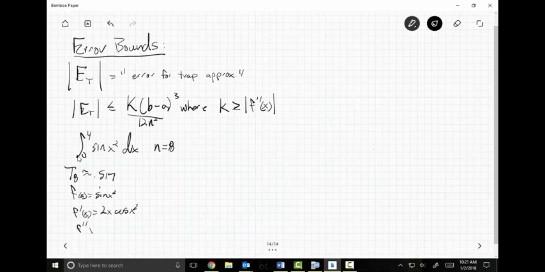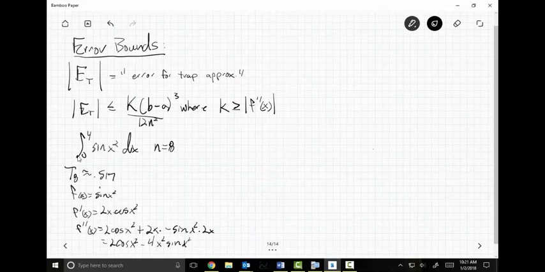The second derivative of f is equal to, this is a product, so product rule gives me 2 cosine of x squared, plus 2x times negative sine of x squared times 2x, which is 2 cosine of x squared minus 4x squared sine of x squared.